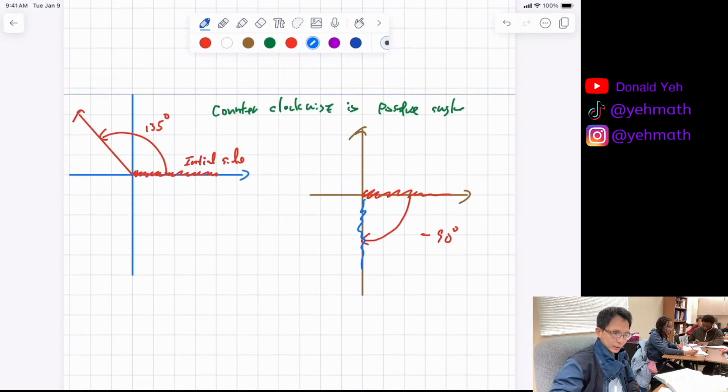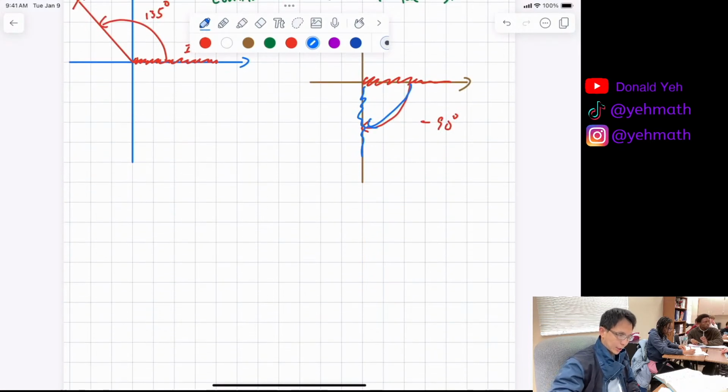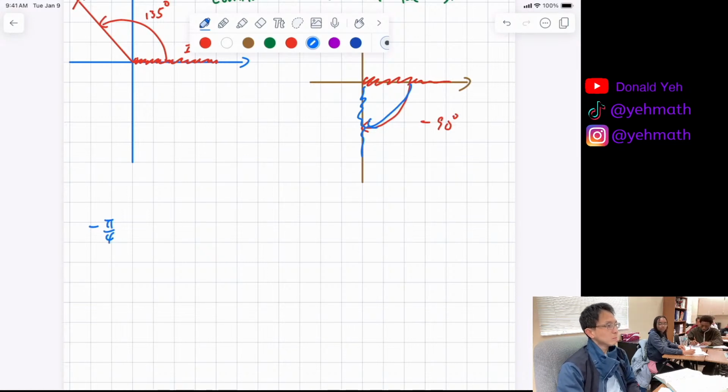So when I ask you to draw, you've got to draw a curve from here to here. So how do I draw negative pi over 4? First of all, do you know what degree is negative pi over 4?